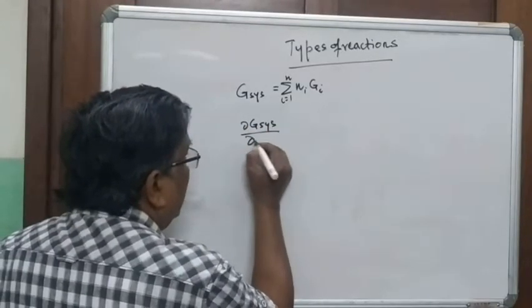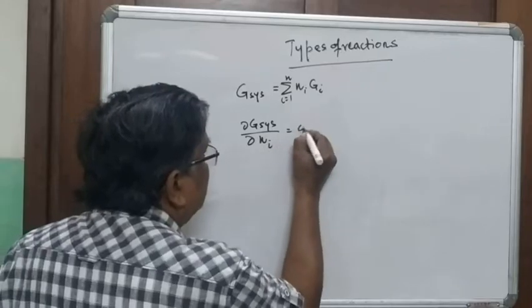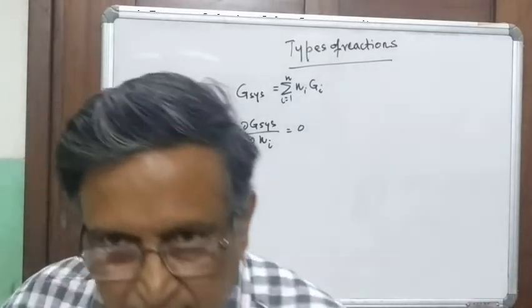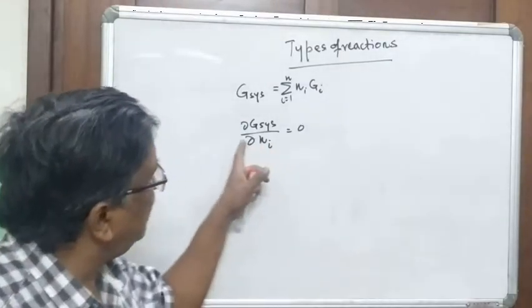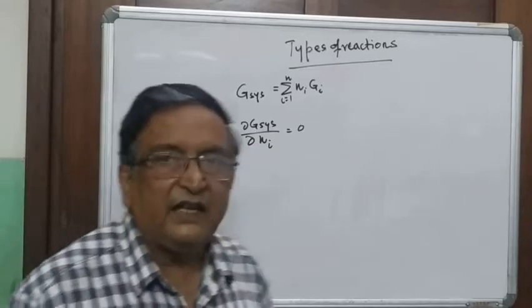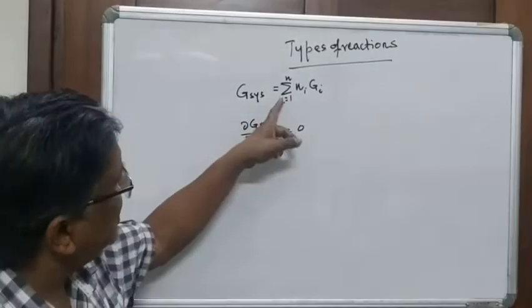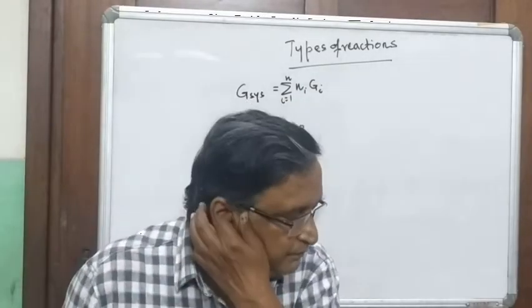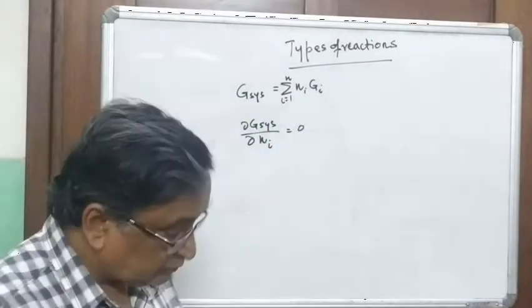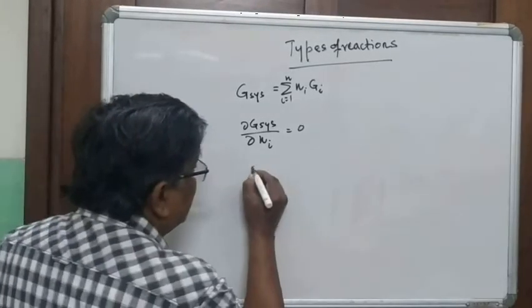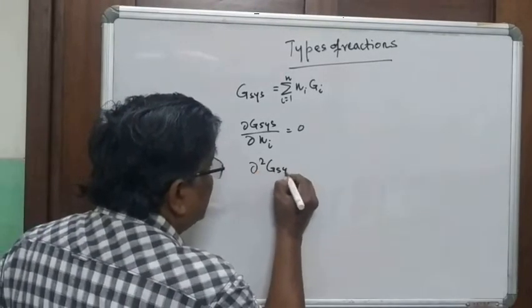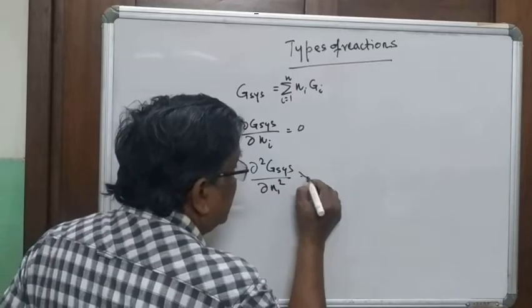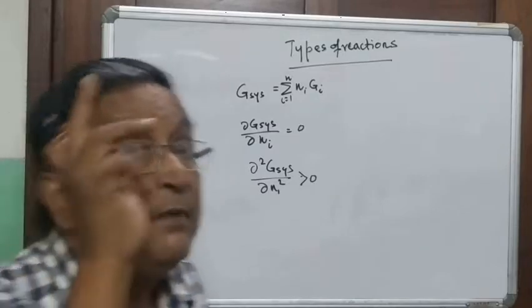If there is a minima, then del G system with respect to dNi should be equal to 0, as you know from your class 12, maxima and minima. Which means the sum of del G by dNi should be equal to 0. That is the first condition. And the second condition is del square G system divided by del Ni squared should be greater than 0 for the minimum.